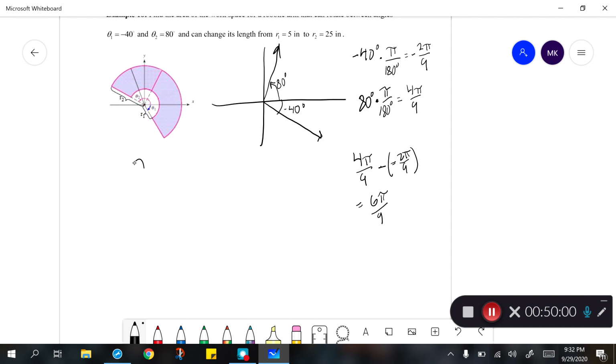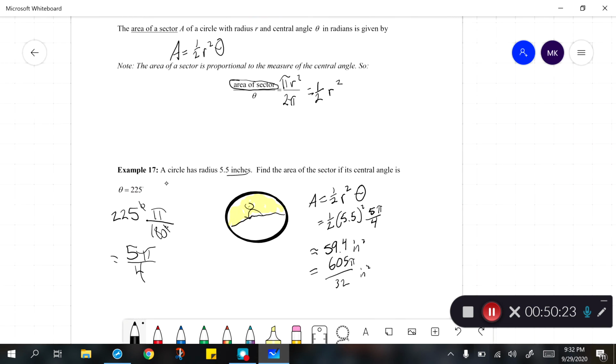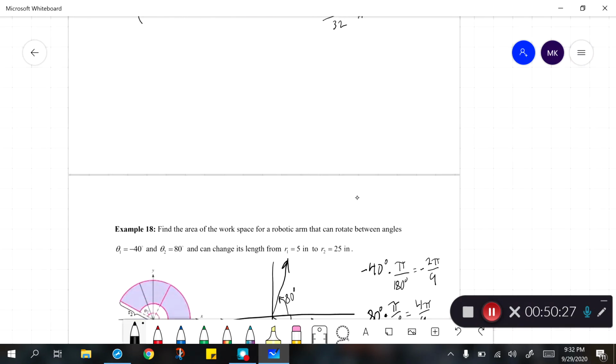So for our whole space, our main theta is 6 pi over 9. What I have to do is take the area of the larger sector and subtract the area of the smaller sector. To do that, we use our angle formula, which if you remember from up here was A equals 1/2 r squared theta.